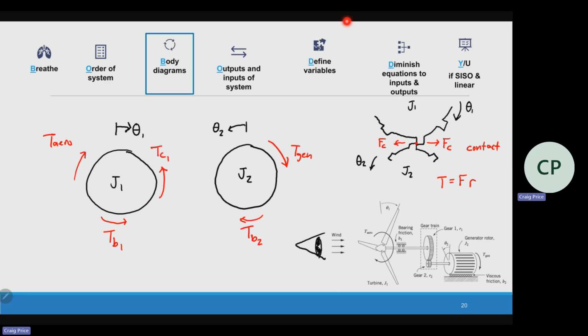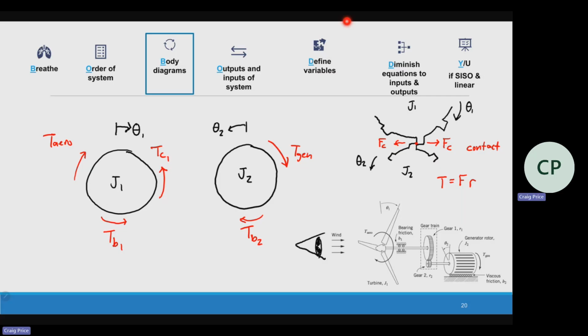I'll call it TC1. So that's based on the contact force pointing to the right times the radius. So now we can see from J1 that to get this thing moving, T arrow has got to overcome not just the friction, but also that contact torque at the gear tooth. If I don't have more torque than that, it's not going to move.